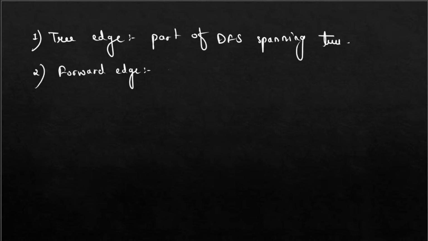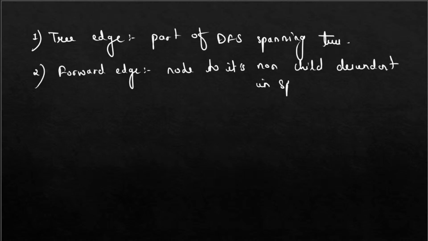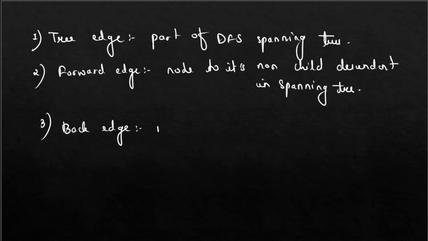So forward edge means a node to its non-child descendant in the spanning tree. Third is back edge, which is a node to its ancestor.